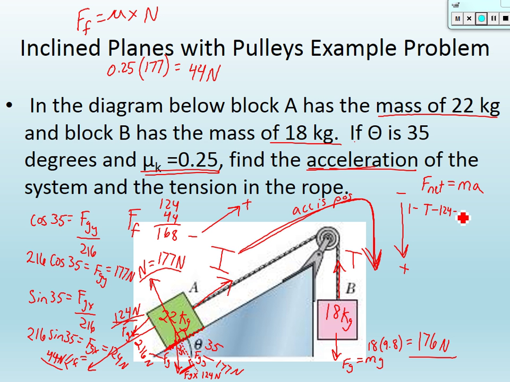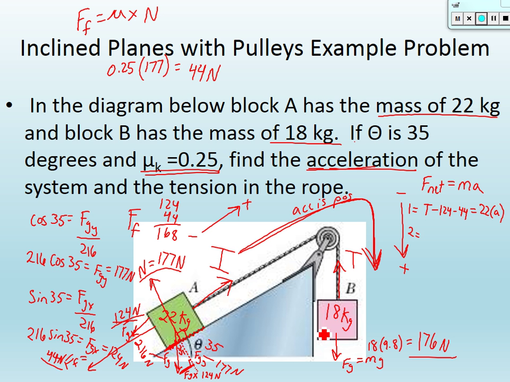But we're also going to have to subtract off friction, which was 44. That will give us the net force on block A. That's equal to its mass. Block A's mass was 22. And we don't know its acceleration. So let's create another equation, number 2.